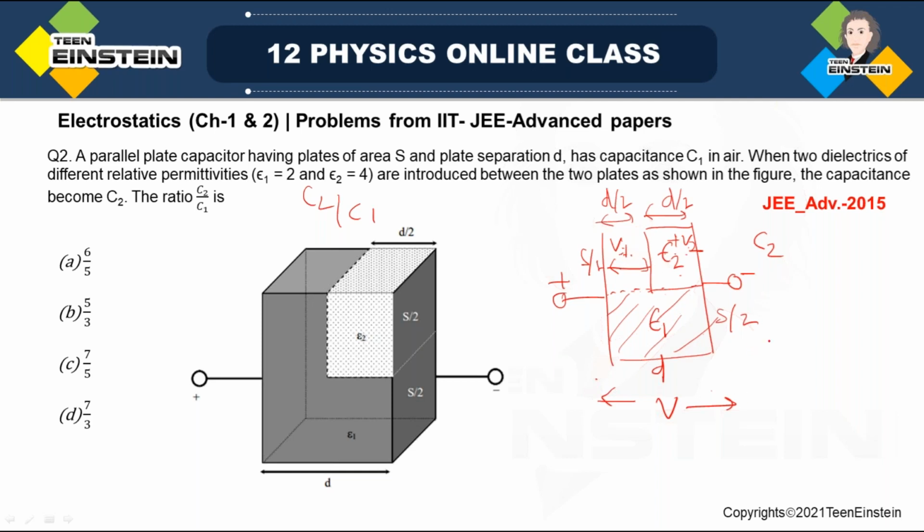If I draw the equivalent circuit for this particular geometry, I have three capacitors. Let us say this is C prime, this is C double prime, and this is C triple prime. So these are three capacitors, and this particular portion has C prime, this one has C double prime, and this one has C triple prime.